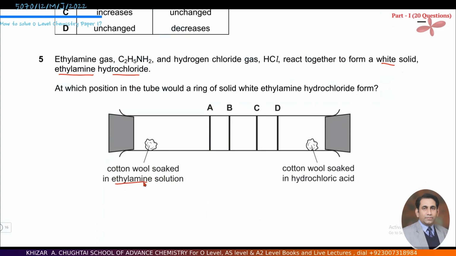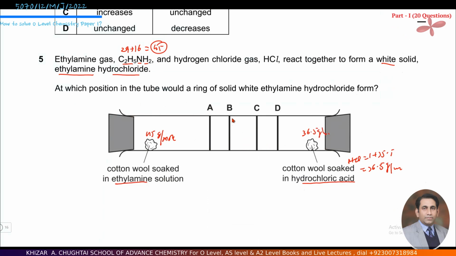Mr, the mass of ethylamine C2H5NH2 is equal to 29 plus N 14 plus 2, I mean 16, that is equal to 45. So its mass is 45 gram per mole. What is the mass of hydrogen chloride vapors, HCl? Its mass is 1 plus 35.5, that is equal to 36.5 gram per mole.